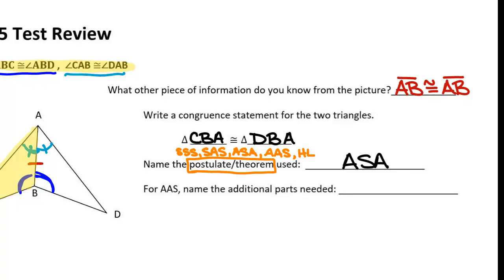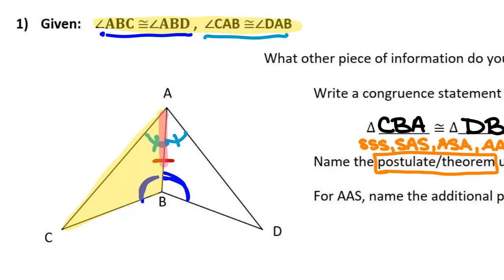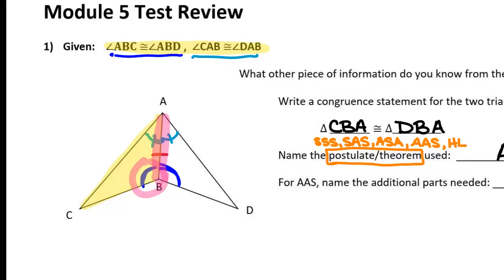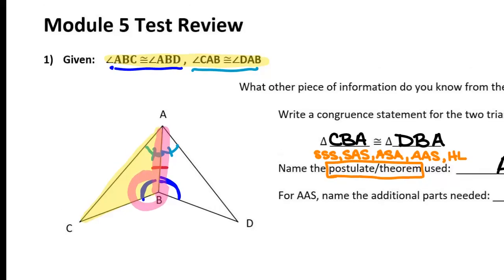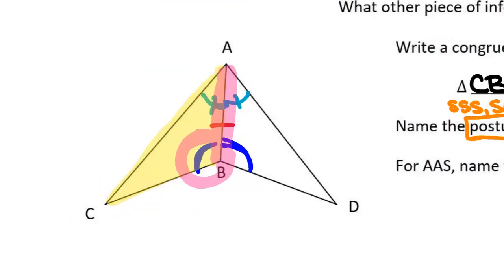For angle, angle, side, name the additional part needed. So for angle, angle, side, here's my side that has a congruence mark on it. Here's one of the angles that's marked. There we go. There's one of my angles that's marked.